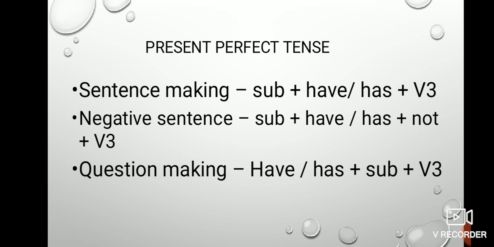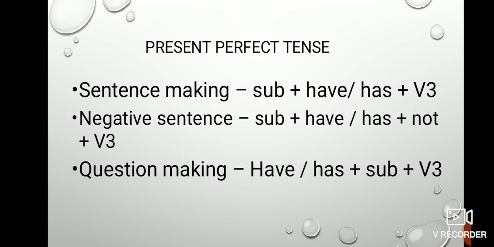If it is singular, use has. If it is plural, use have. For I alone, always use have only. Plus V3 verb, V3 meaning the past participle of the verb. In negative sentences, use not in between the have form and the V3 verb. And to make a question you have to use have or has.